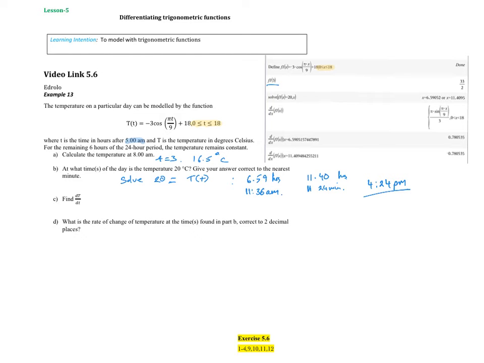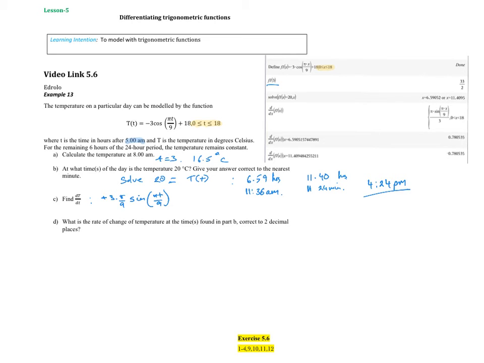All right. Find dT/dt. So let's find the derivative of that function. So I put that into the function and we can see an answer in there. But remember, the derivative is k times. So we get -3 times pi on 9 sine pi t on 9. The constant is 0, but the derivative of cos is negative sine.